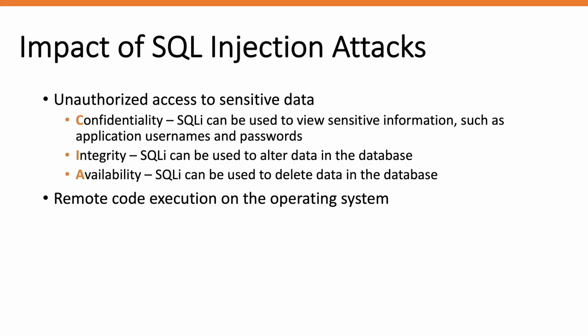You would gain access to the operating system with the same privilege that the database is running with. So you've got to be very careful to make sure that the database runs with the least privilege possible. We'll discuss that in the last section when we talk about things like defense in depth and how to prevent SQL injection vulnerabilities.